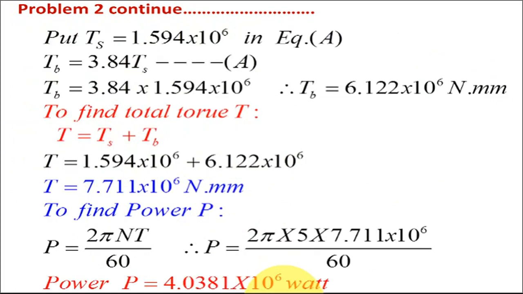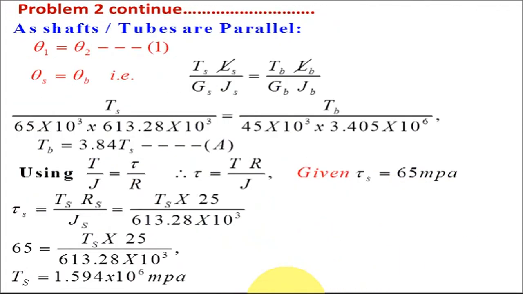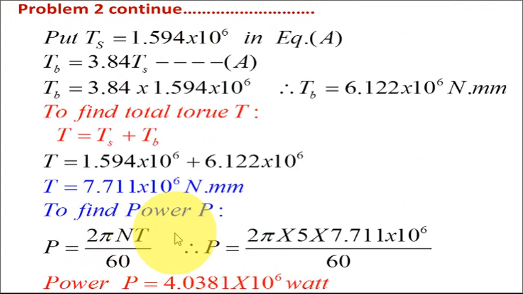Either way, you can use any values, and then after getting total torque T, our question was to find out the power transmitted. So use the equation power transmitted equals 2 pi N T upon 60. Total torque T is now known in this case. So 2 pi is constant, N is given as 5 rpm, into total torque T as we have calculated, divided by 60.